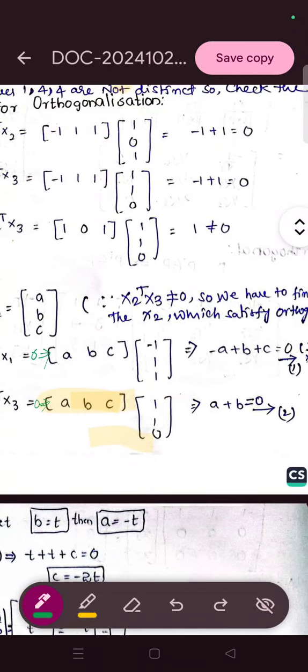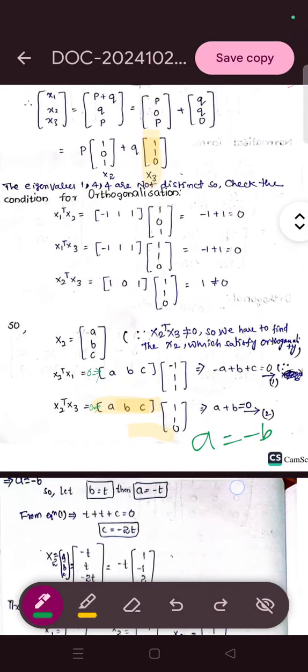From a plus b we can write like this, right? a equals minus b. Okay, so a equals minus b, and we have the equation minus a plus b plus c equals 0.